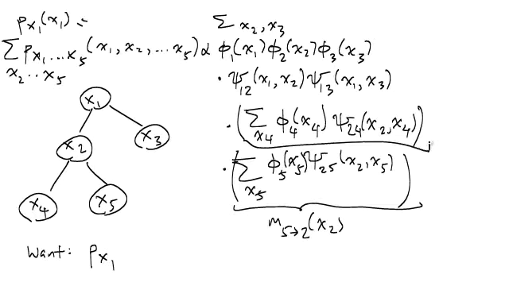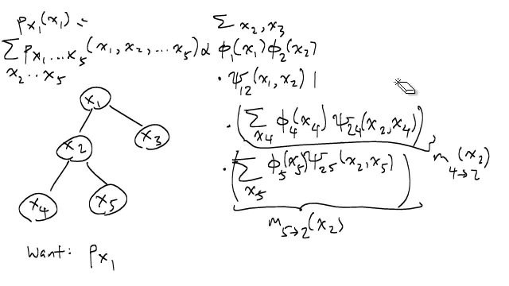And we'll call the message from 4 to 2, because we're summing out x4, and this thing's going to be a function of x2. The next thing is we note we could repeat the same thing with x3. There are only 2 terms that depend on x3, so why don't we go ahead and do that.